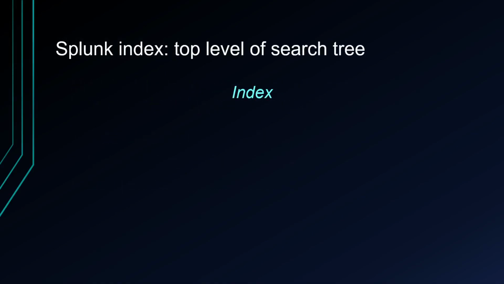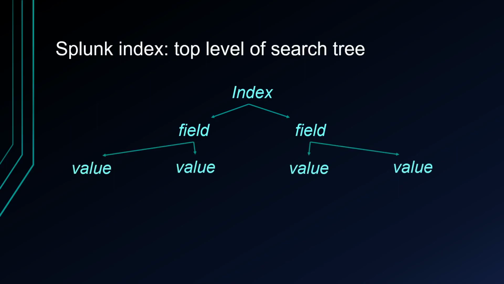Okay, so a Splunk index is the top level of a search tree. The index is your first step to searching. Now, the level below that is a field, and a field narrows your search to a category. And the next level below that is a value. This is the actual item that you're looking for.